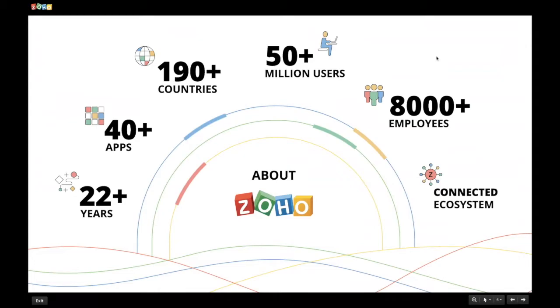We have around 50 million users across the globe who trust and run their companies on Zoho applications, and over 8,000 employees. Zoho runs on Zoho, and the Zoho application ecosystem has a customizable operating system for business, which combines dozens of cloud-based applications with a centralized IT admin panel.